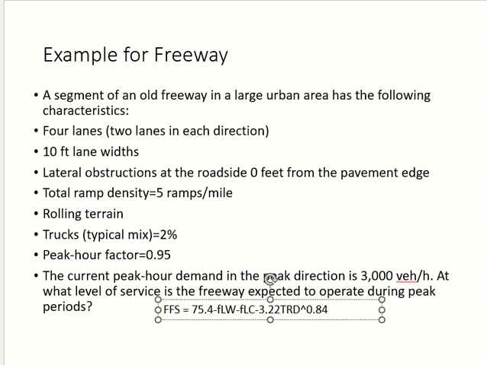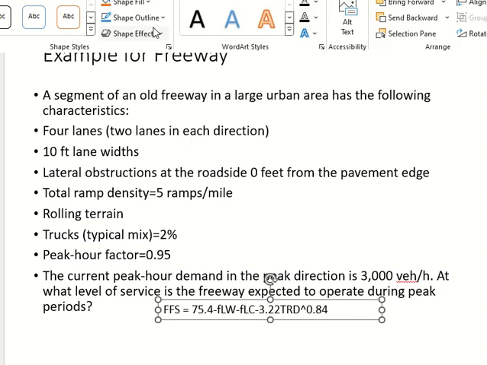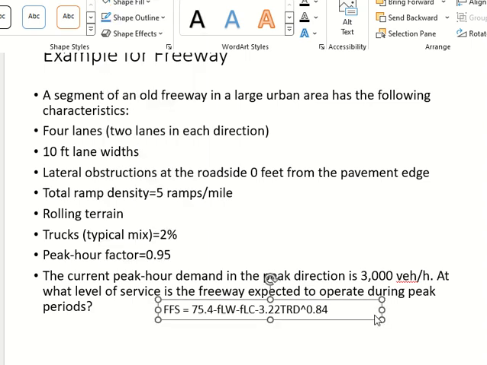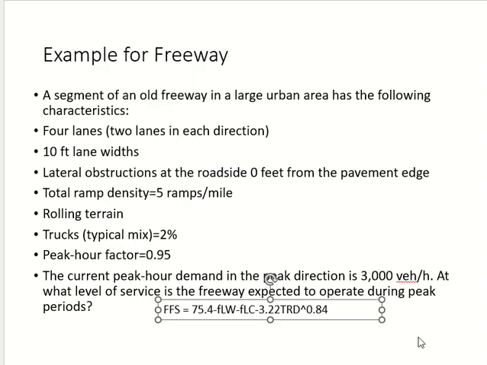Okay, so I need some factors here. Which of these factors is given? Looking at the free flow speed equation, what do we already know from the question? Lane width, okay.